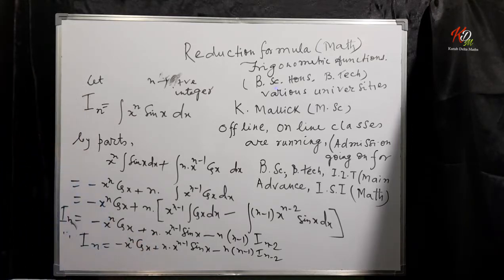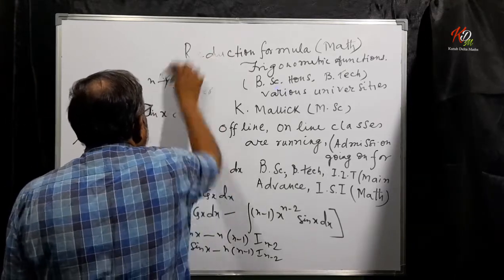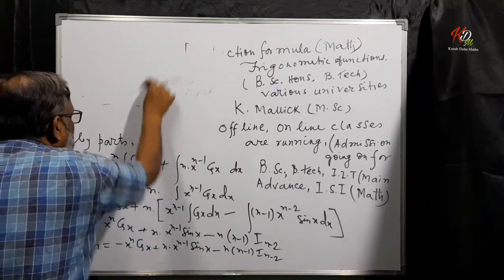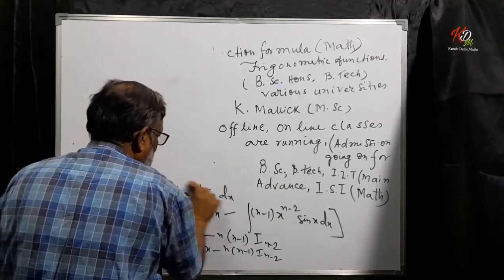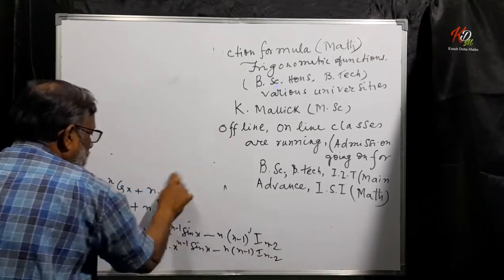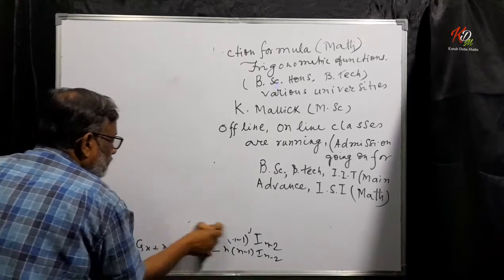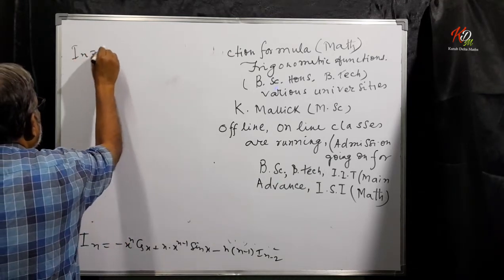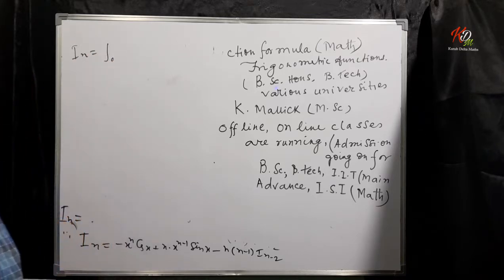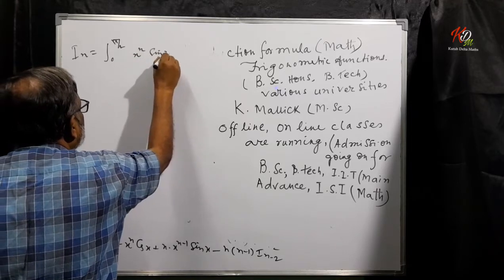Next, if I n equals integral from 0 to pi by 2 of x to the power n sin x dx, what is the value of this?